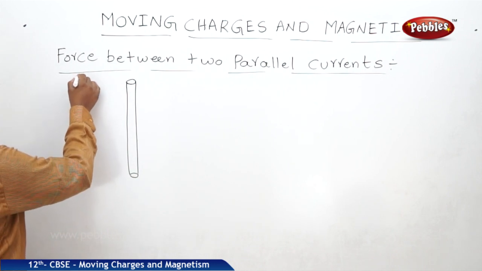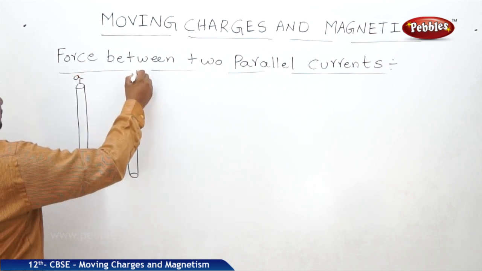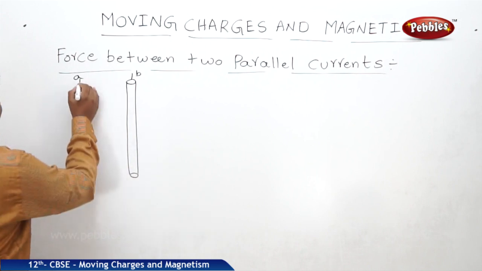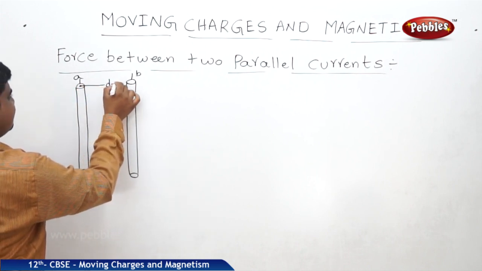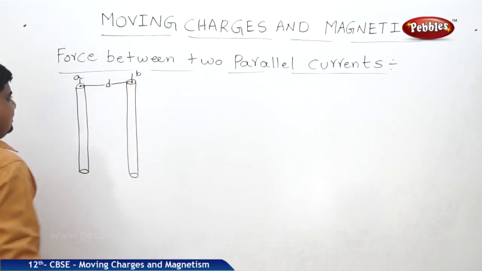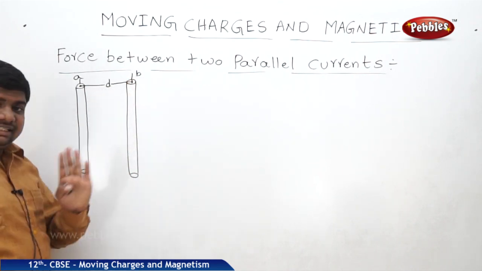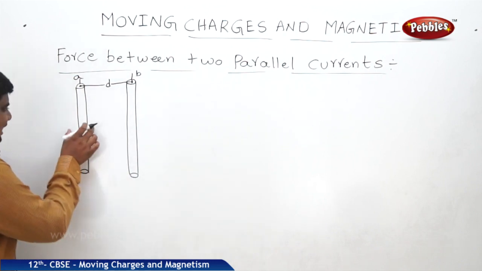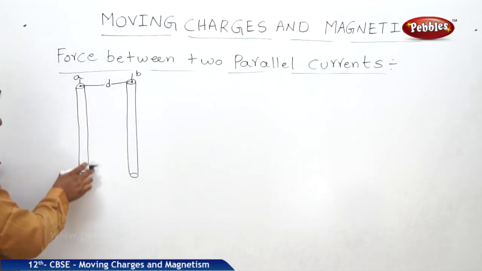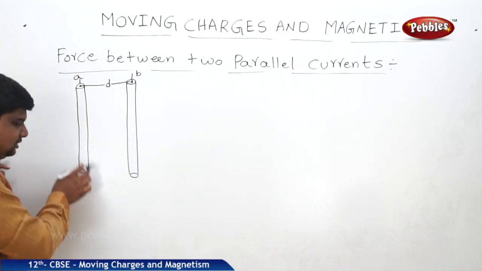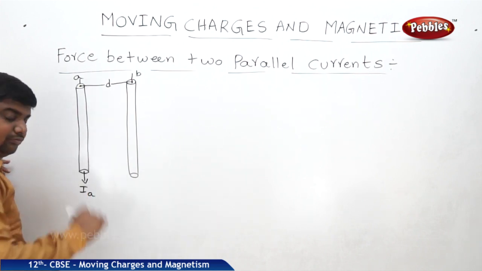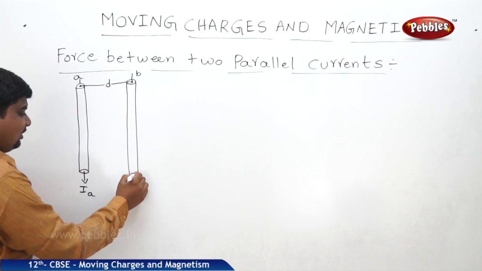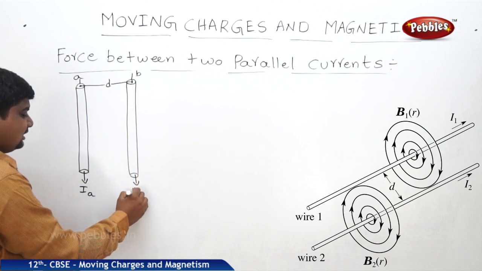This is rod A and this is rod B. Their centers are separated by a distance d. Means we can say that the distance between these two rods is d. This rod A is initially connected to a source, the amount of current passing through is IA, such like that the amount of current passing through this rod is IB.